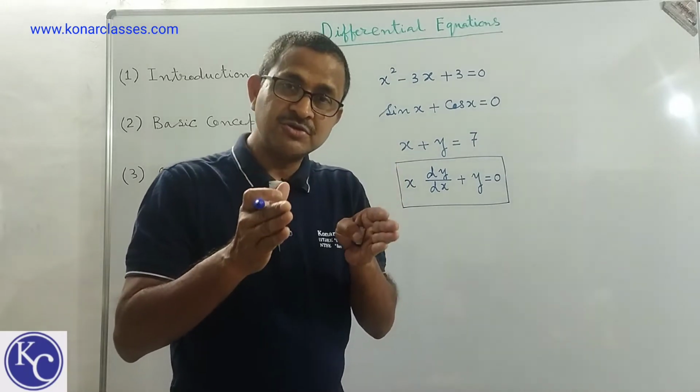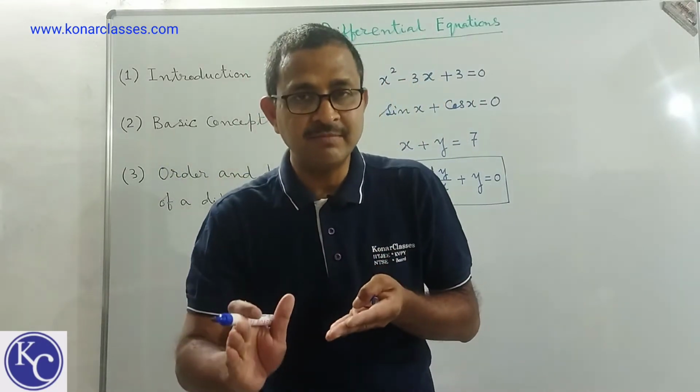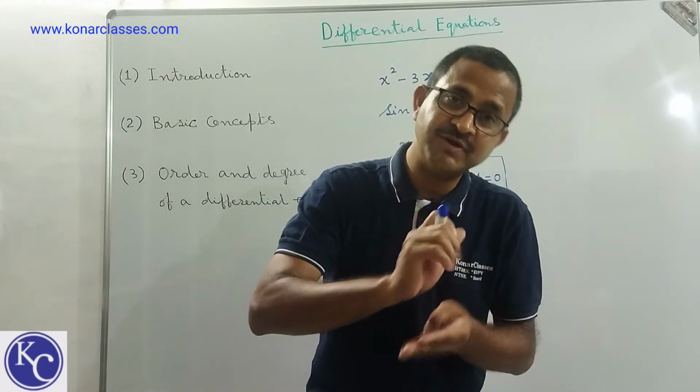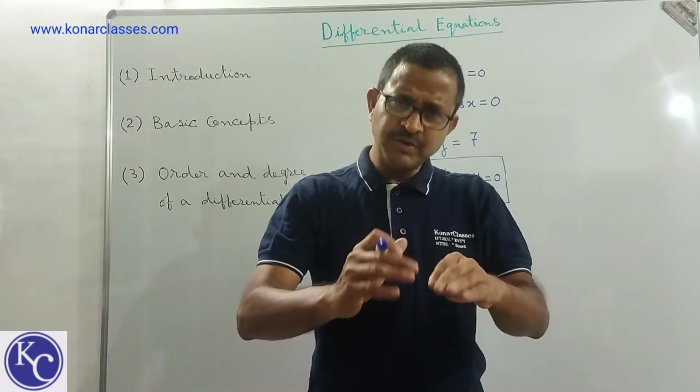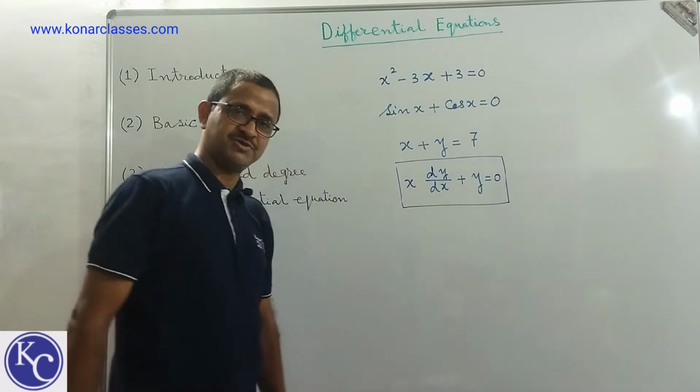Now an equation which contains the independent variable, dependent variable, and the differentiation of the dependent variable with respect to the independent variable, it could be of higher order also, is known as a differential equation.